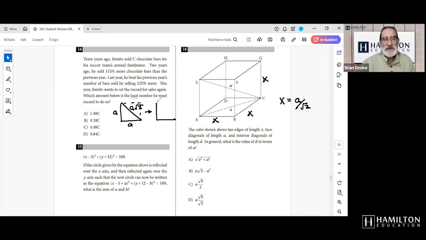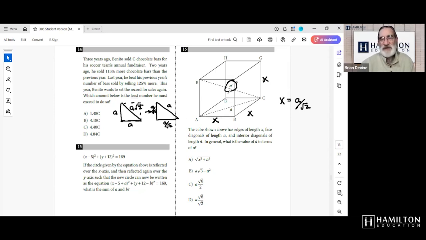So if I have a hypotenuse of A, then these guys have got to be A over √2, because the edge length or leg times √2 is the hypotenuse. And so if we look at this down here, that's a right triangle with sides of A/√2 and a hypotenuse of A.